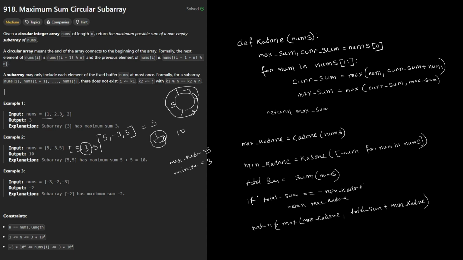So how it's going to work? Let us ignore this one for the time being. The maximum Kadane that we got is 5, the minimum Kadane is 3, and the total would be 7.